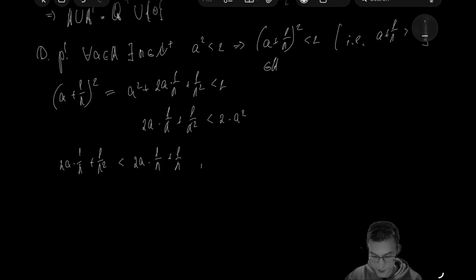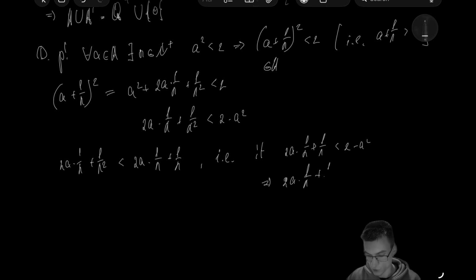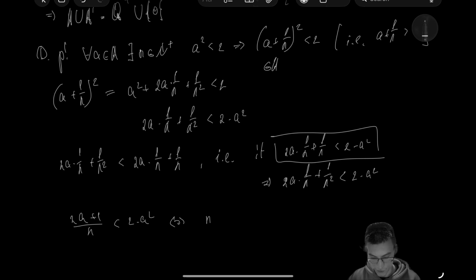That said, if 2a times 1 over n plus 1 over n is less than 2 minus a squared, then our initial inequation would be true. But from this inequality, we can see that (2a plus 1) over n is less than 2 minus a squared, which is equivalent to n is greater than (2a plus 1) over (2 minus a squared).